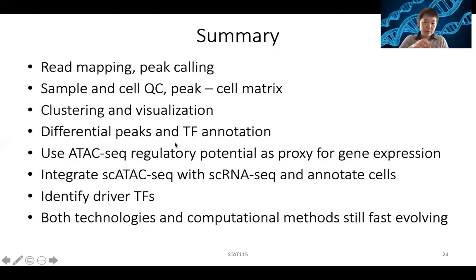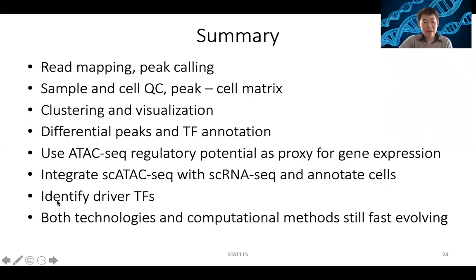And in order to really integrate the single cell ATAC-seq with single cell RNA-seq, you use the regulatory potential to assign all the ATAC-seq peaks onto genes so that you have the same dimension as the single cell RNA-seq. And then you use CCA, pretending the ATAC-seq is just a different batch, to merge the ATAC-seq cells and the RNA-seq cells together.